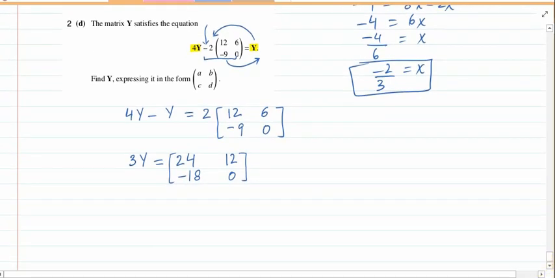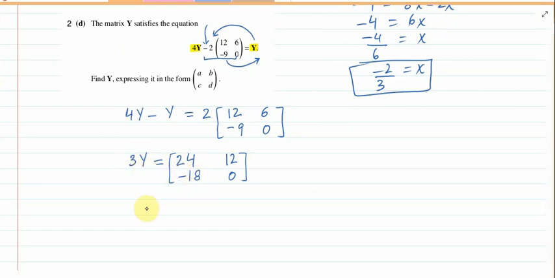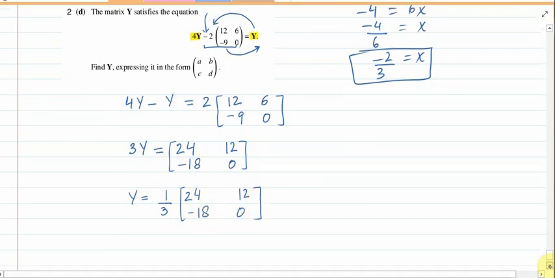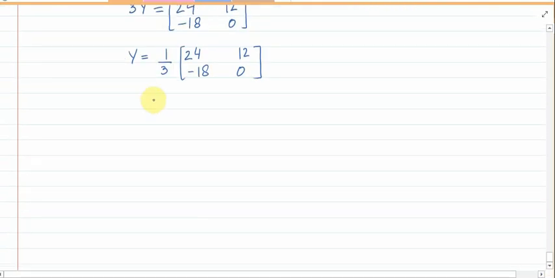So if 3 is multiplying on the left side, that means on the right side it will be divided. How are we going to write it? It will be y is equal to 1 upon 3 and matrix 24, 12, minus 18, 0. So you need to multiply every element of the matrix by 1 upon 3.